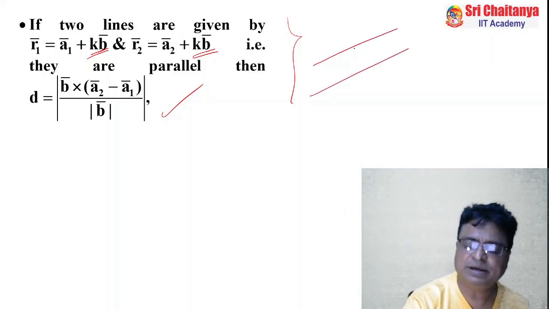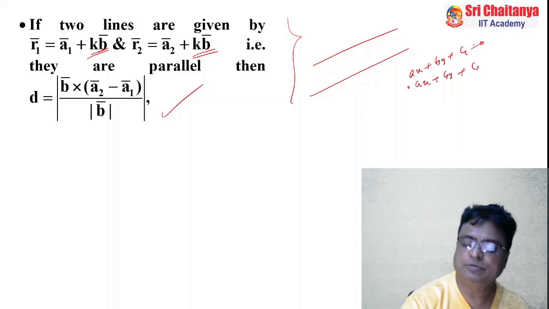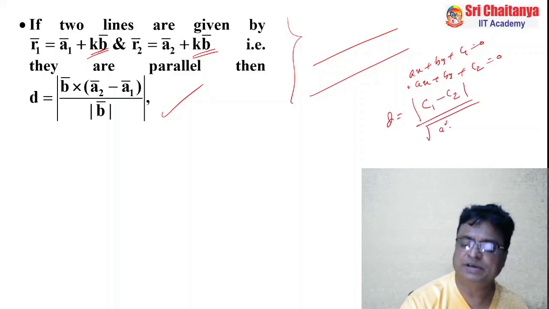In coordinate geometry, you know that if AX plus BY plus C1 equal to 0 and AX plus BY plus C2 equal to 0, two parallel lines are given for you, and D is the distance between them, then the distance between these two parallel lines is mod C1 minus C2 by root of A square plus B square.